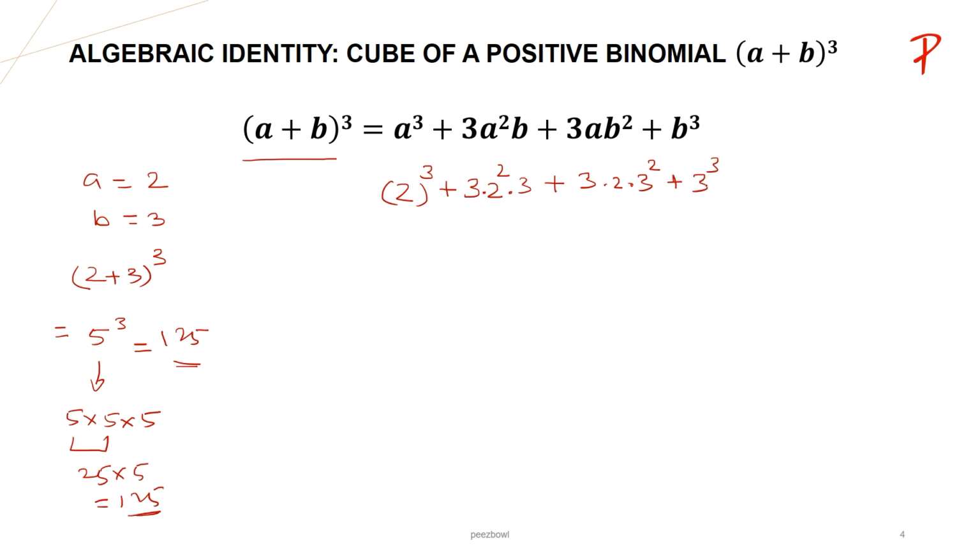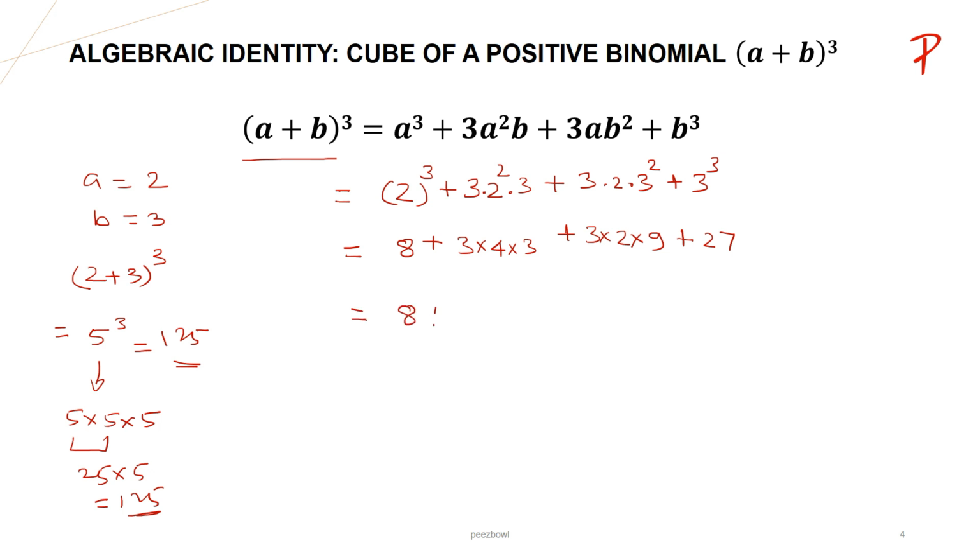We can put in bracket, we can skip bracket, that's fine. 2 to the power 3 is 8, 2 to the power 2 is 4, that is 3 multiplied by 4 multiplied by 3, or we can put a dot also, both are fine. Then 3 multiplied by 2 multiplied by 3 to the power 2 is 9, plus 3 to the power 3 is 27. 3 multiplied by 3 multiplied by 3 is 27.